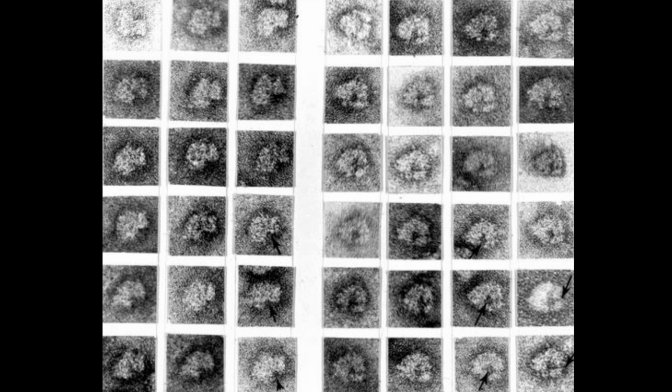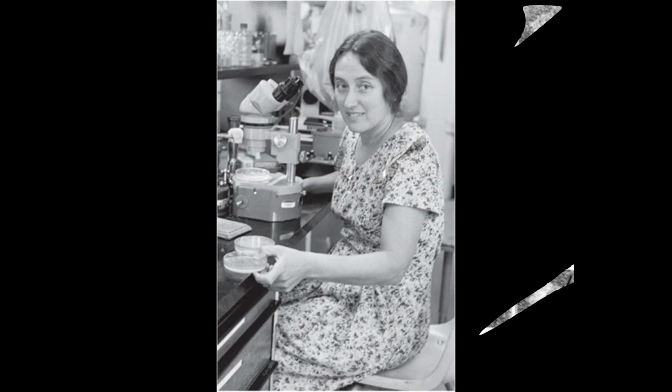We can see slightly here the cleft where the small subunit and the large subunit meet. On the right-hand side of the image, we can see a frontal view of the ribosome, and here we can slightly see the cleft as well. In this cleft is where the mRNA will pass through to form the polypeptide chain.